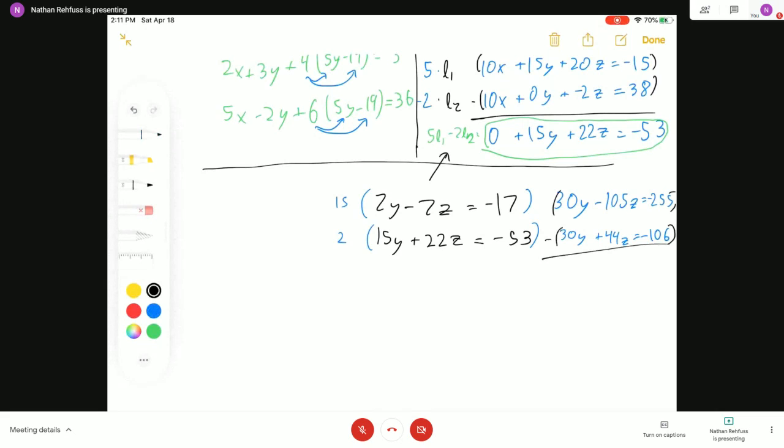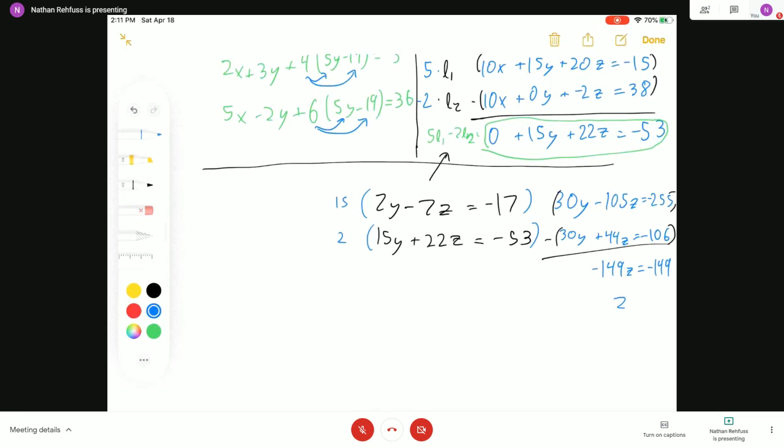Negative 105 minus 44, boy howdy, that's a big number. That'll be 149 copies of z. And as a great, wonderful coincidence, 255 minus 106, we get negative 149 over here. Oh, this should also be negative. So I divide both sides by 149, z equals 1.